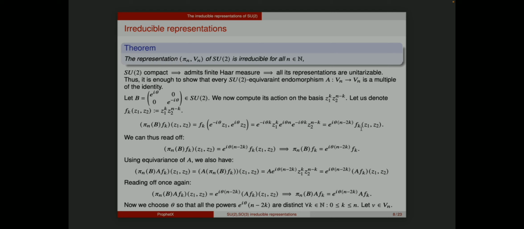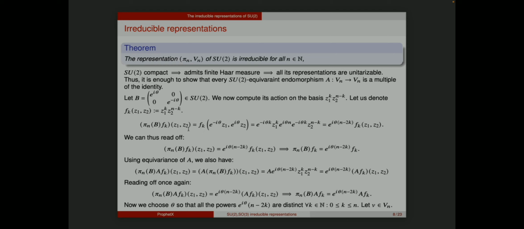Since this is just matrix multiplication and these are just numbers, and A is a linear operator, we can just pull out these guys, and A will act on Z1 to the k, Z2 to the n minus k. But we can rewrite A acting on fk, Z1 evaluated at Z2, by using this definition. So we can read off that pi n of b applied to A fk is e to the I theta n minus 2k A fk, where fk is the basis of Vn defined like this.